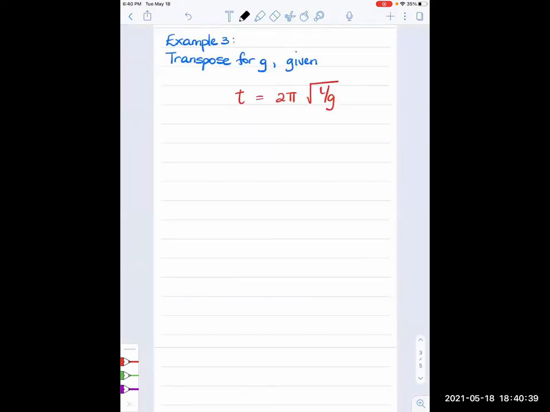Third example, we are going to transpose for G, given T is equal to 2 pi, the square root of L over G. To remove the square root sign, I am going to square both sides of the equation.